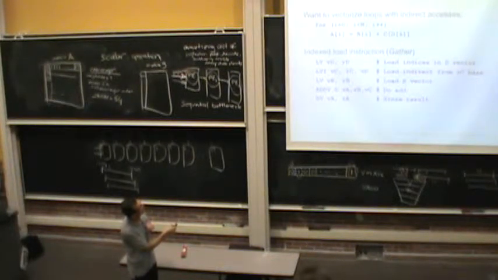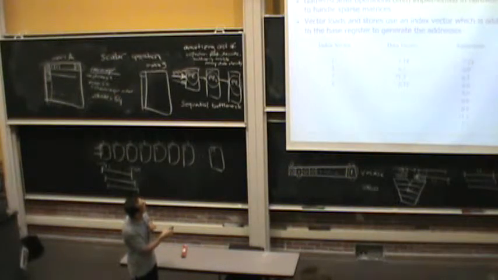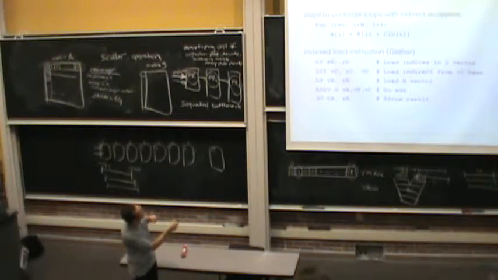This is really a gather, and we will see how that operates right now. Basically, these are implemented in hardware. You essentially have an index vector, which is added to the base register to generate the addresses. So if you look at this, you can think of this as your D array.